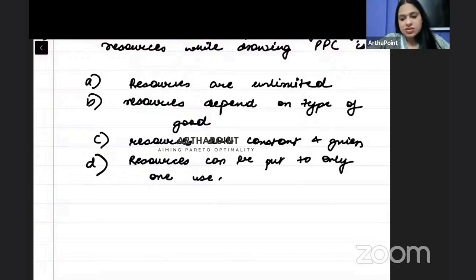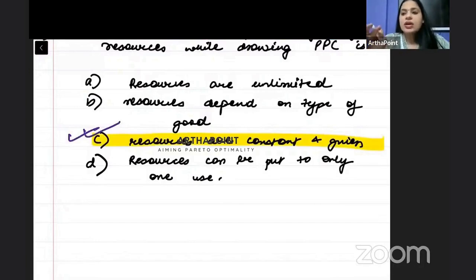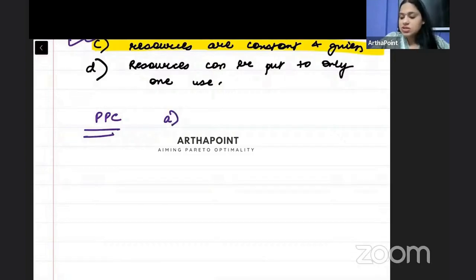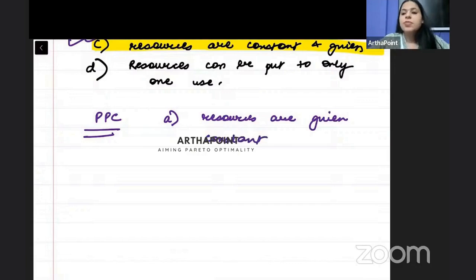You're saying C, C, absolutely correct. The correct option is option number C, that the resources are limited in nature. ठीक है? तो हमारी PPC की जो assumptions हैं बच्चे, the following are the assumptions of the PPC. The first assumption is that you have resources given to you. Second assumption is that these resources are constant. Third assumption is technology is constant.